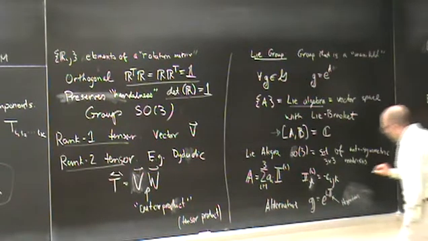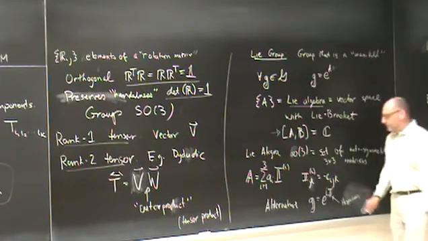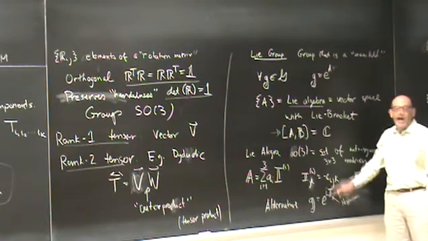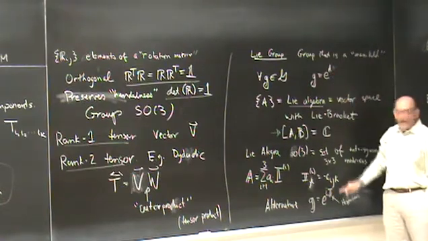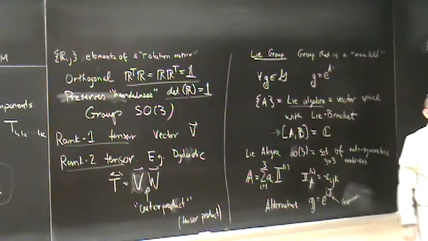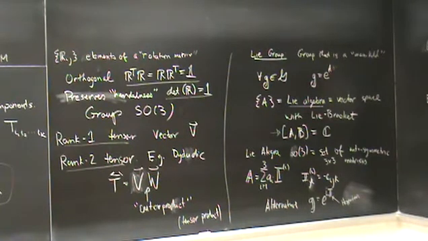Or equivalently, as we often like to do in physics, we factor out the i, and then this is a particular set of Hermitian matrices. That's the same thing as it defines our Lie algebra.